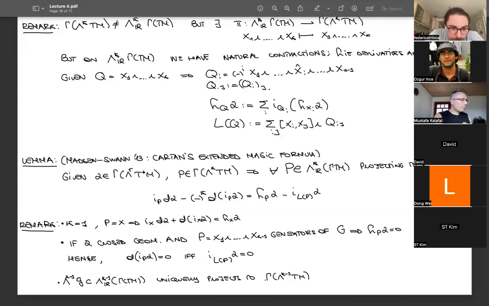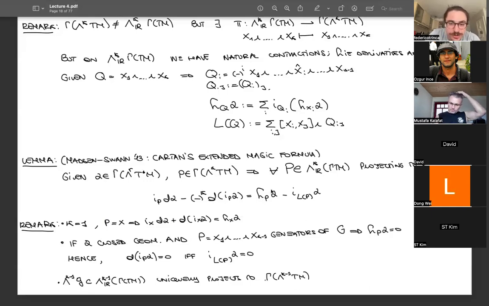Okay. In the context that we will be working on, alpha is going to be closed. So the first term always vanishes. And the third term is also going to always vanish because we are picking elements that are preserved by G, so G is in the automorphism group of my closed geometry.